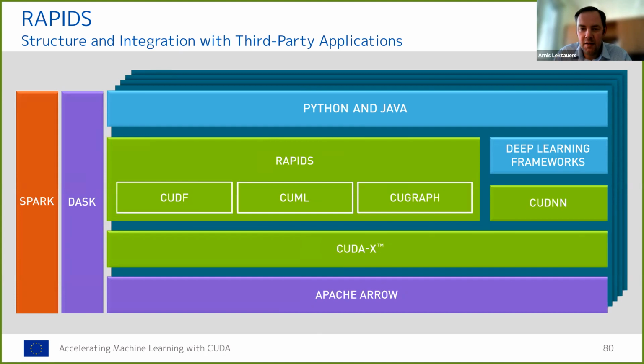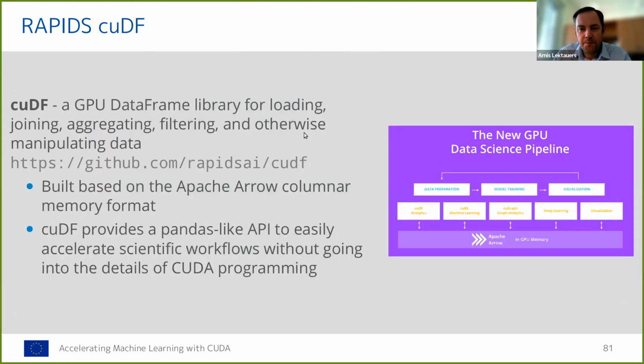At the basic level, RAPIDS is based, of course, on CUDA, cuBLAS, and other related libraries. But for programmers, the API is mainly Python. One of the main components, cuDF, is a GPU data frame library for loading, joining, aggregating, filtering, and otherwise manipulating data. As I said, it is based on the Apache Arrow format.